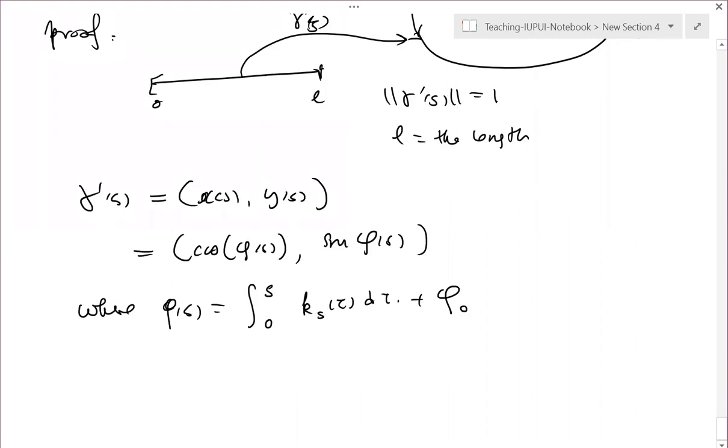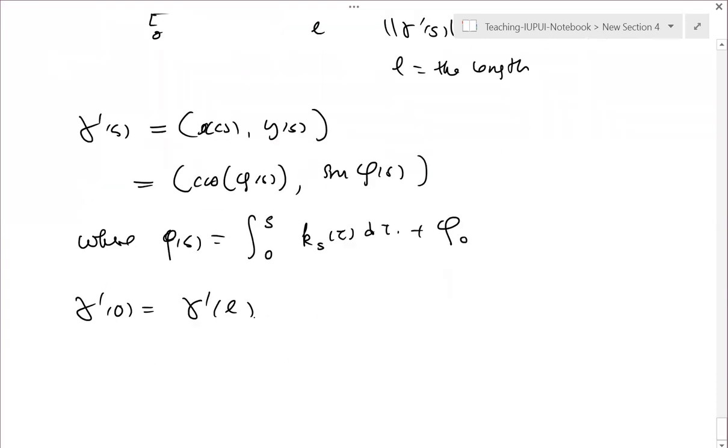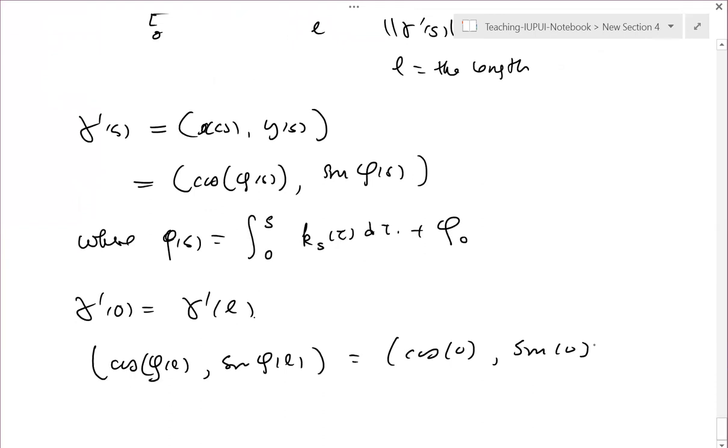Now what? But we know that gamma prime 0 equals gamma prime L, because it's closed. We use this condition. That implies (cosine phi(L), sine phi(L)) is equal to (cosine phi(0), sine phi(0)).